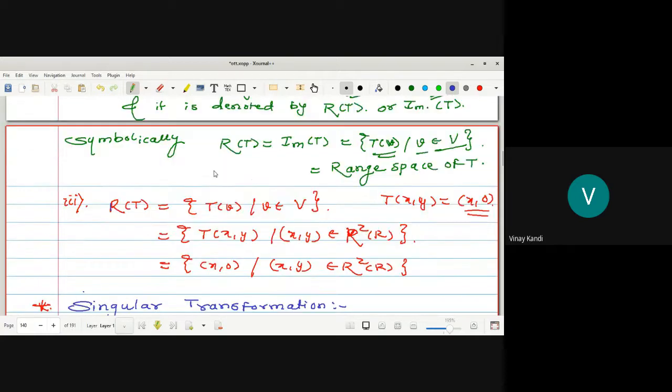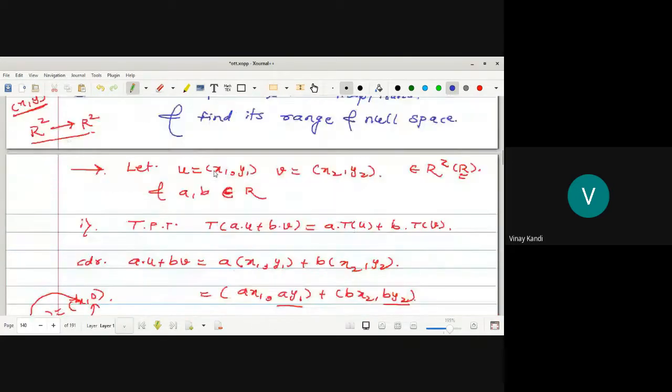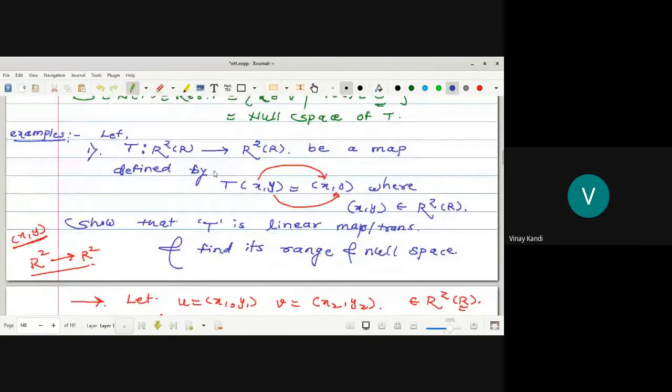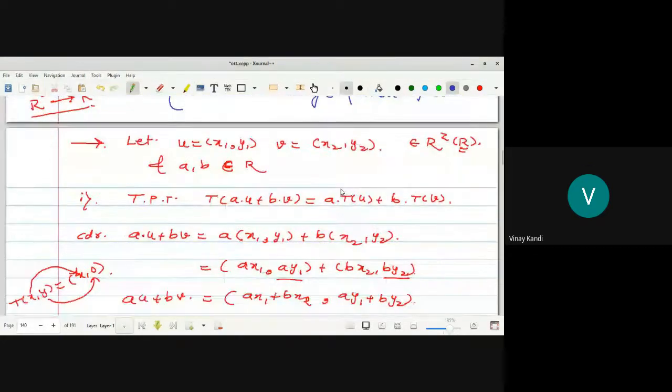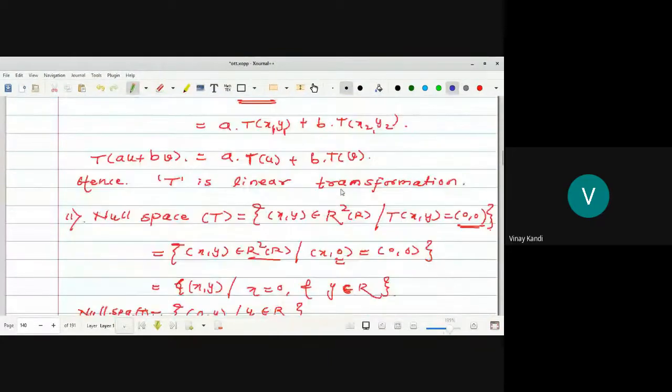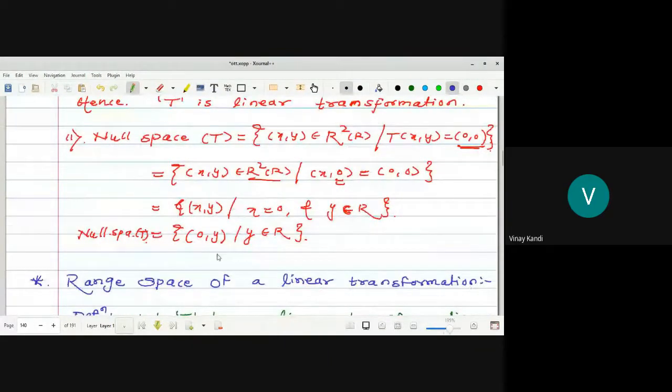Now look at the example here. They have given that T of (x, y) is equal to (x, 0). Here there exists a non-zero element, (0, y), which is not equal to (0, 0), the zero element of R2.